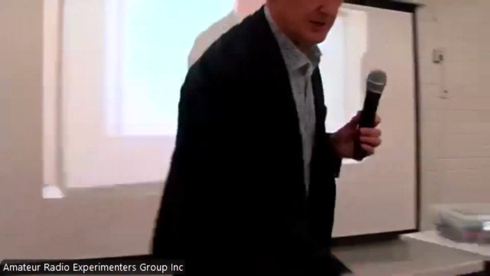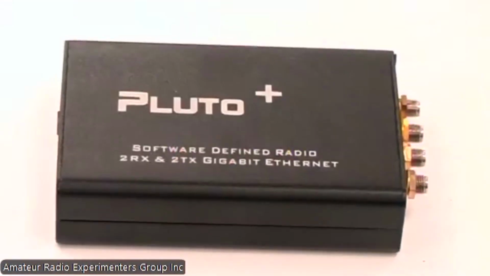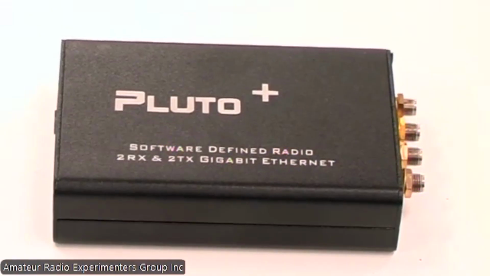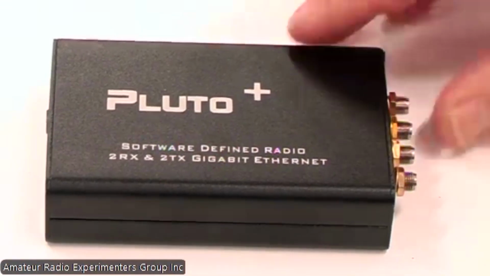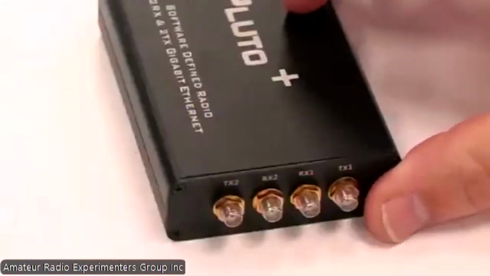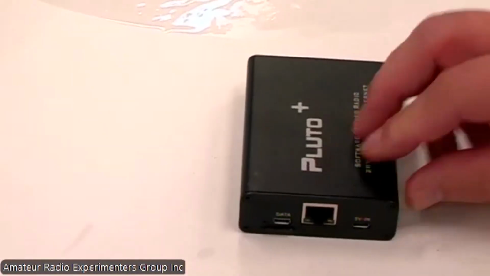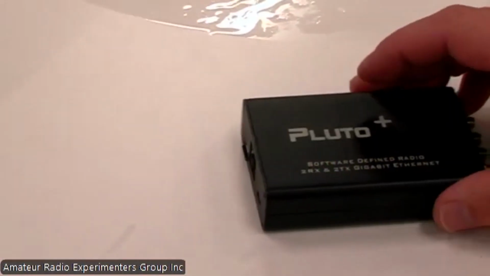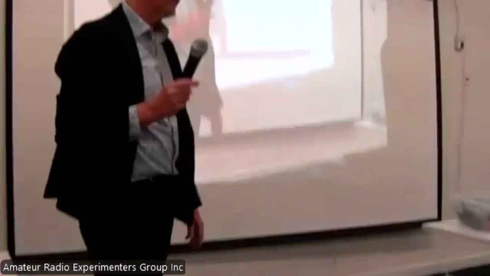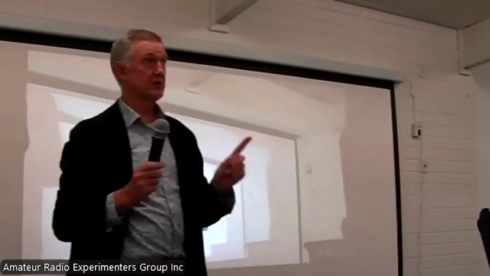This is the Pluto Plus, which is part of the Pluto series. What they've been able to do with the Pluto is increase some of the processing power. The 7010 was the FPGA that was originally used. This one uses the 7020, which is about 4 times more powerful. And then the A to D this uses, you'll hear about the 9361 is the main A to D, and a 9363.